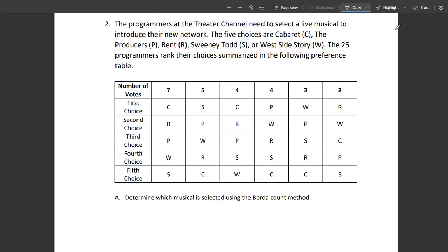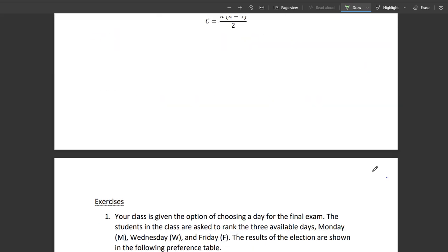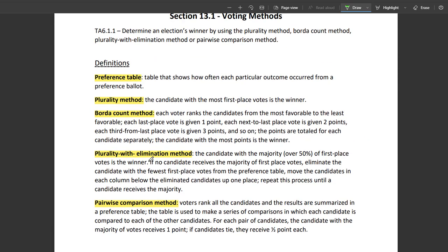All right, in our exercises, we are going to start using our voting methods, and we're going to figure out the election winners using these various methods. So the first method that we're looking at is the Borda count method. So let's look at our definition for the Borda count method. It says that in the Borda count method, each voter ranks the candidates from the most favorable to the least favorable.